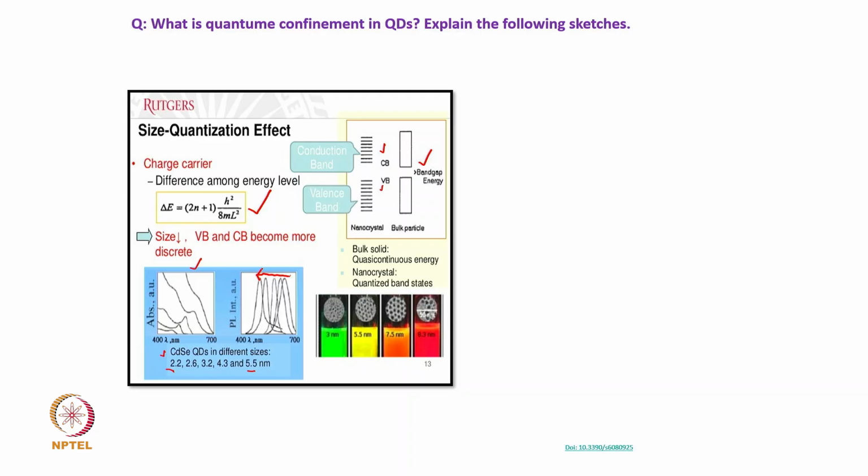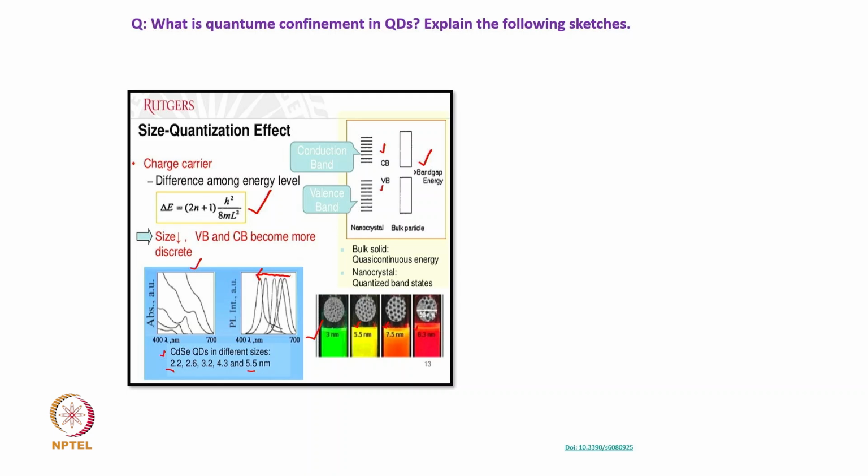And if we really look at it, what is the color we observe? You can see it very nicely demonstrated. This is a 3 nanometer quantum dot, this is a 5.5 nanometer quantum dot, this is 7.5 nanometer, and this is an 8.3 nanometer quantum dot. And see how the color changes beautifully. It starts with a green color, becomes yellow, and then eventually becomes close to red.